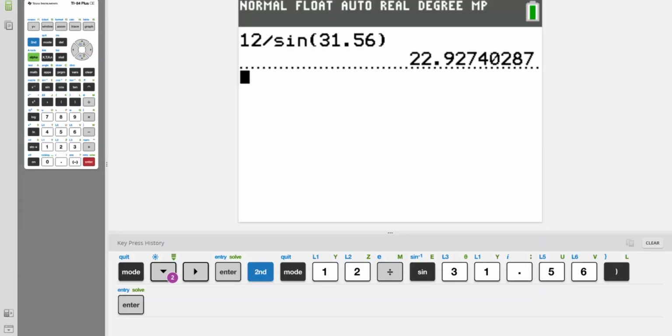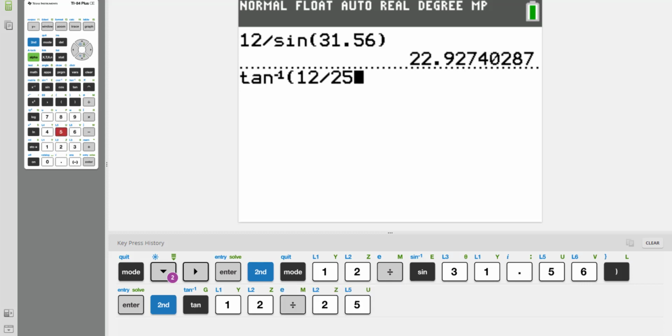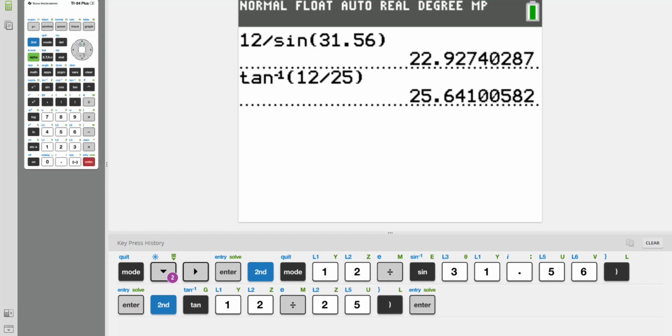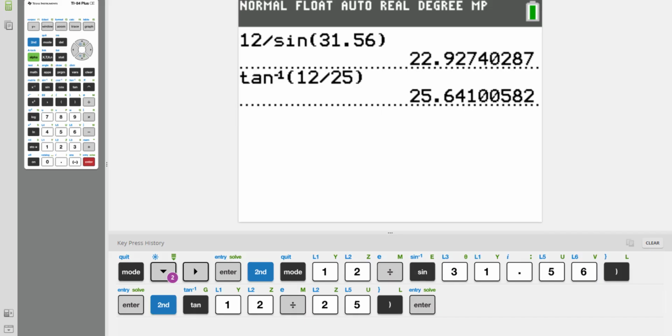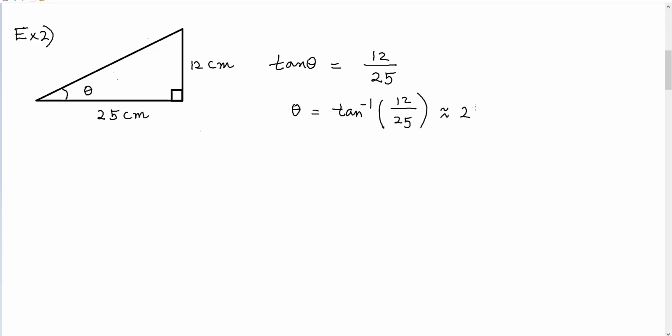So you go to the calculator, go to second tangent, which computes the inverse, meaning what angle corresponds to 12 over 25? So it says about 25.641 degrees. So make sure you know how to do it.